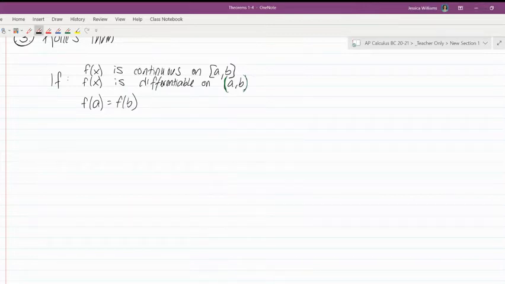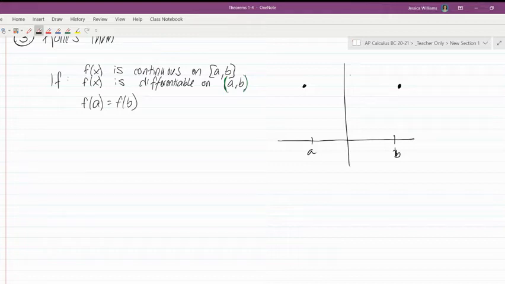Okay, so I'm going to draw a squiggle wiggle that meets all 3 of those conditions, and then we'll do the then statement. So I'll put A over here and B over here because I feel like it. Well, I have to draw a continuous differentiable function whose endpoints match. So f of A I'll put up here, and that means f of B also has to be here. So I have to get from point to point any way I want, as long as I don't pick up my pencil and I don't draw a cusp, a corner, or go vertical.